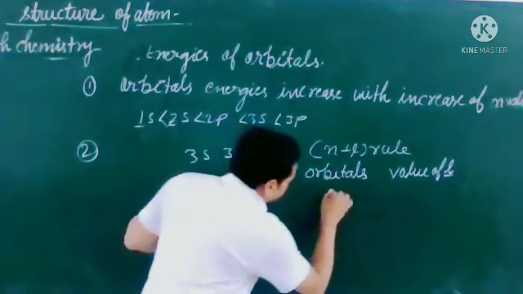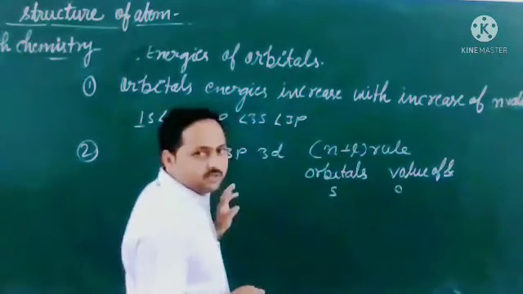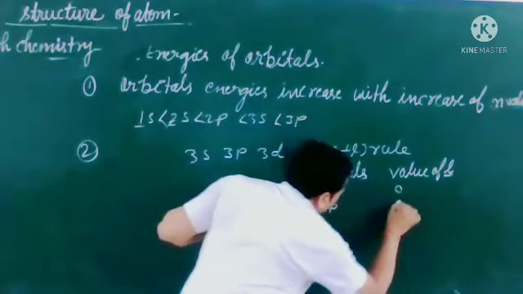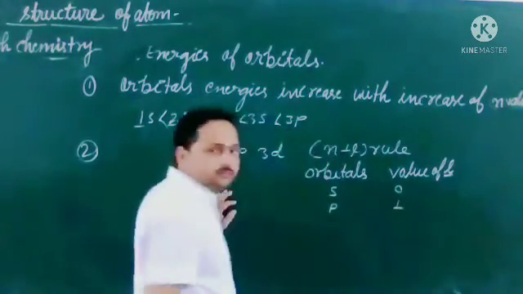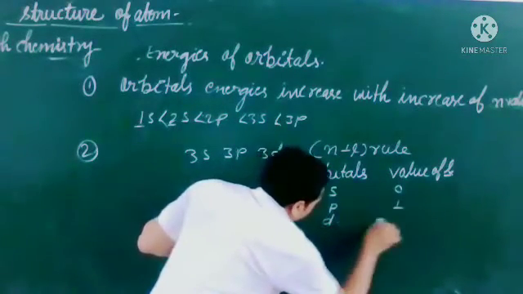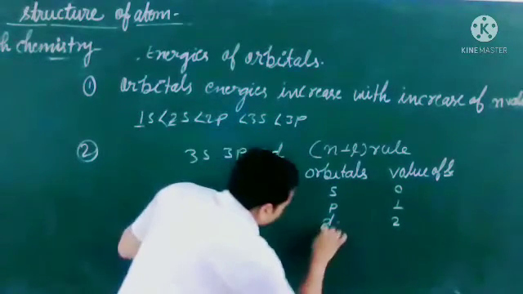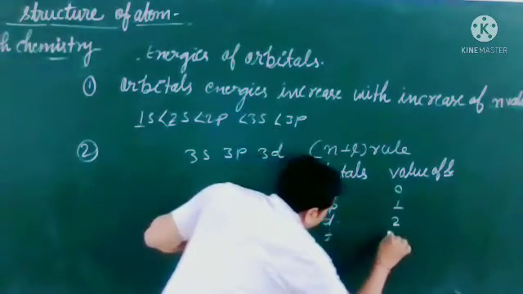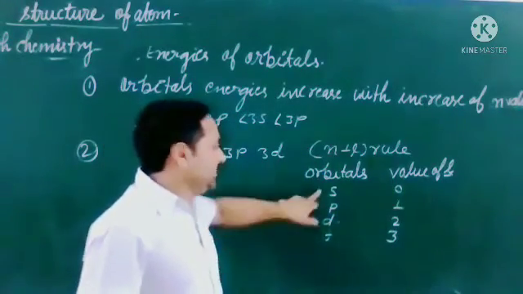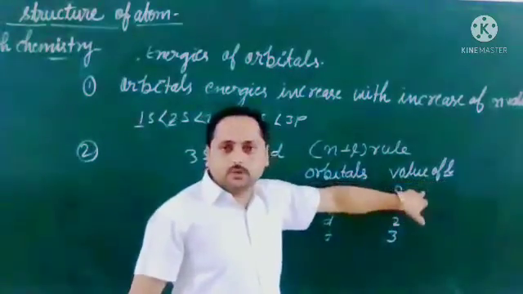If the orbital is s, the value of l is 0. Note it. If it is p, the value of l is 1. If it is d, the value of l is 2. And if it is f, the value of l is 3. Note this much. And so, for an s orbital, the value of l is 0.